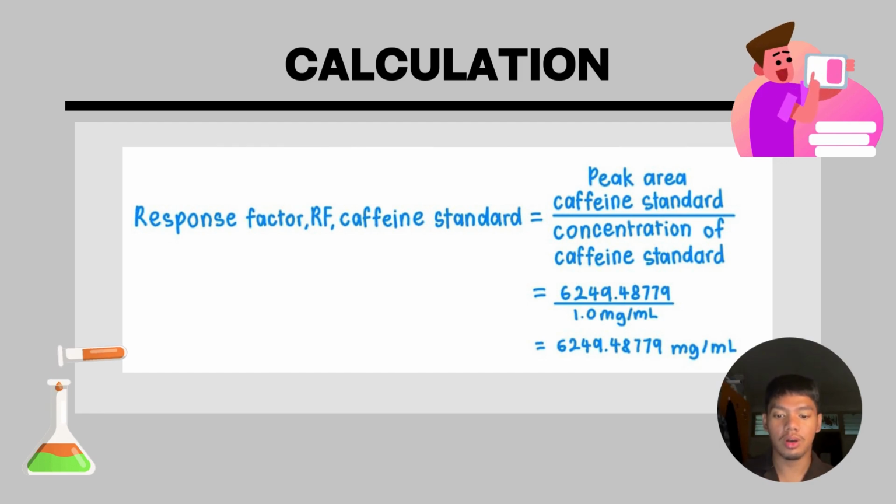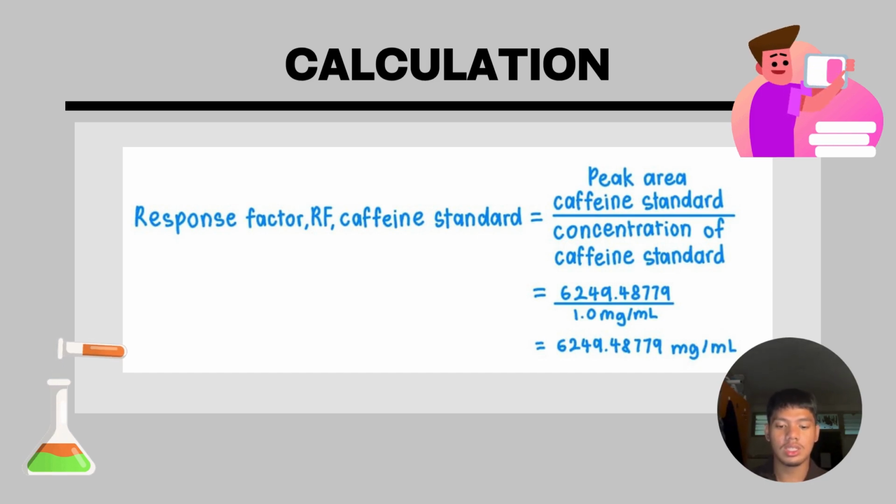So what do we do with all this data? We need to calculate the response factor, RF, of the caffeine standard. We do this by dividing the peak area of the caffeine standard by the concentration of the caffeine standard. By referring to the overall data, we substitute the value, which is 6249.48779 by 1 milligram per ml.